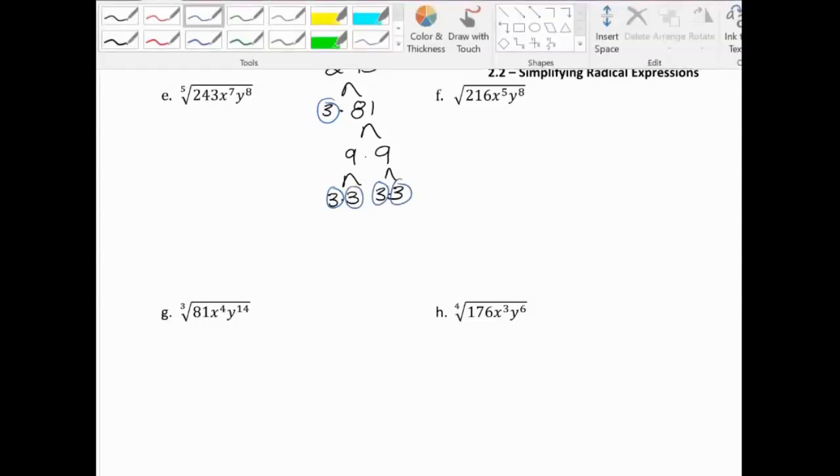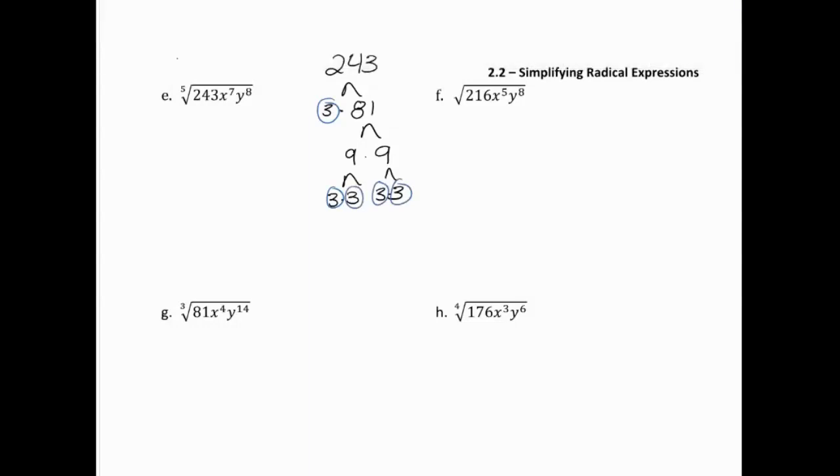All right. So for this one, my index is 5, which means we're going to be making groups of 5. So let's take a look at that. So I have 3 times 3 times 3 times 3 times 3 times x to the 7.